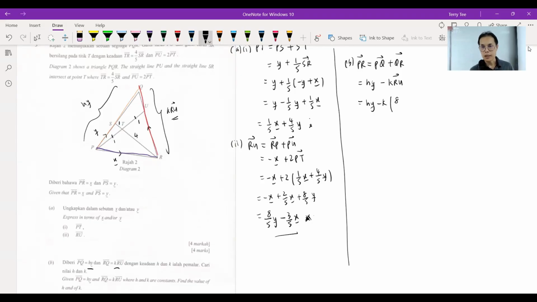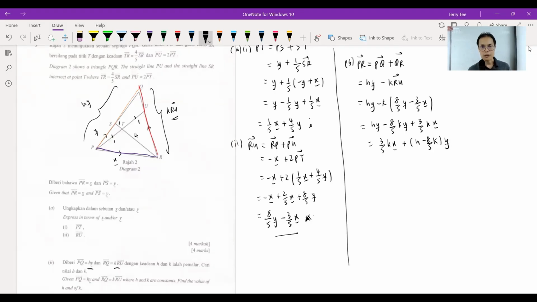I'm going to sub in 8 over 5y minus 3 over 5x. Put them together: HY minus 8 over 5ky plus 3 over 5kx. So put together 3 over 5kx plus h minus 8 over 5ky.